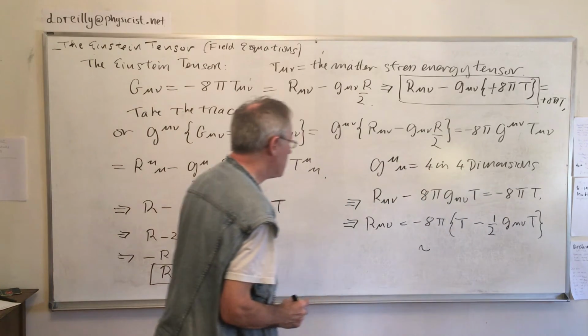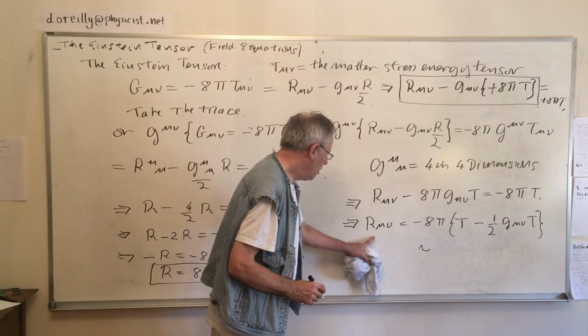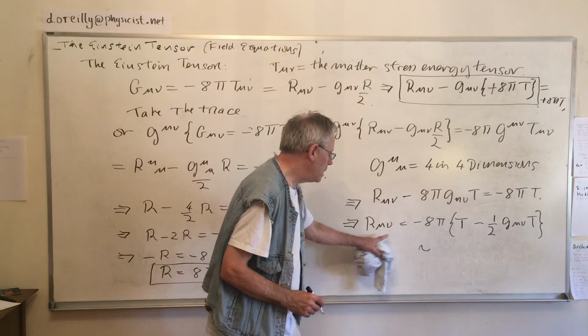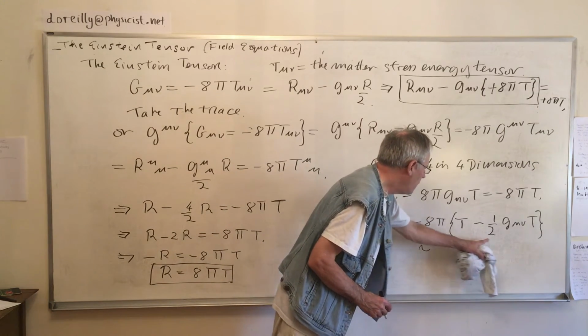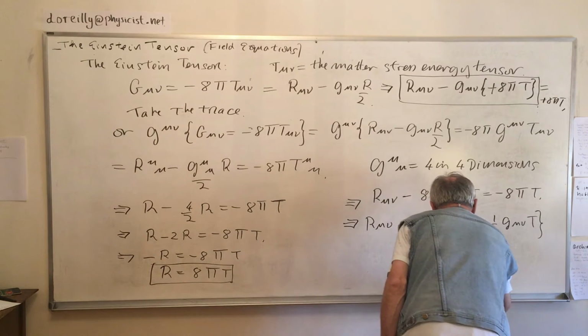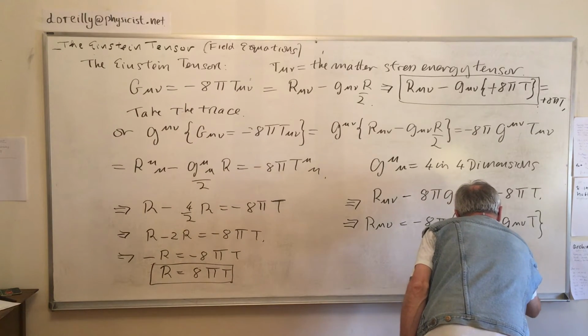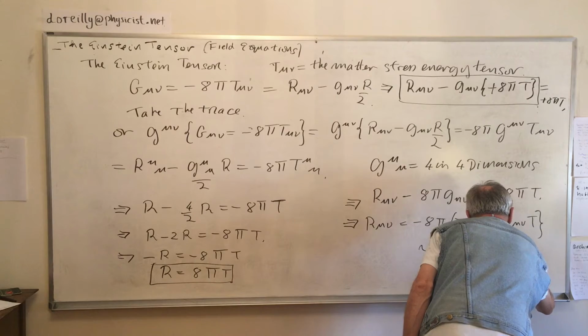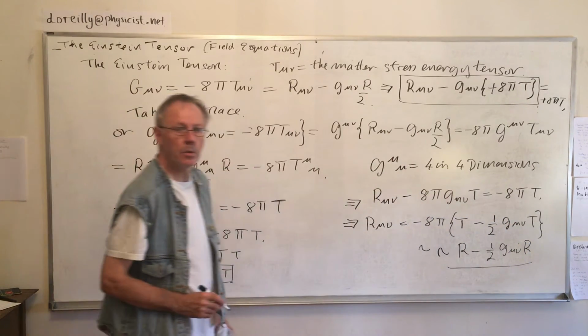So we get the amazing result that in the presence of matter, R mu nu, the Ricci tensor, is equal to minus 8 pi T mu nu minus a half g mu nu T, which looks very like what we saw before. Look at the similarity, okay?